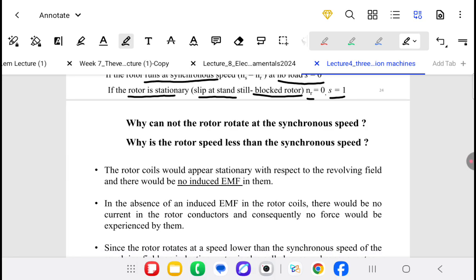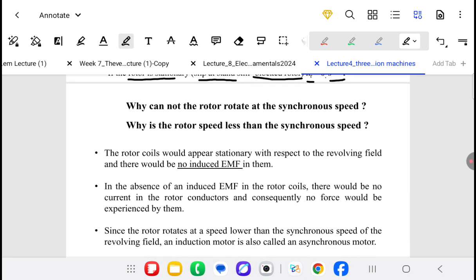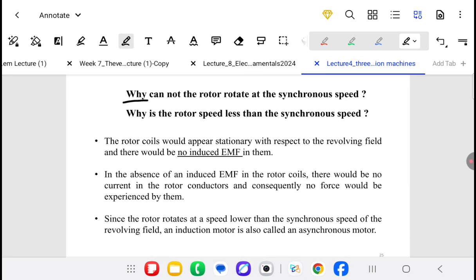Now we will see a very important question. Why can't the rotor rotate at the synchronous speed? Or why is the rotor speed less than the synchronous speed?